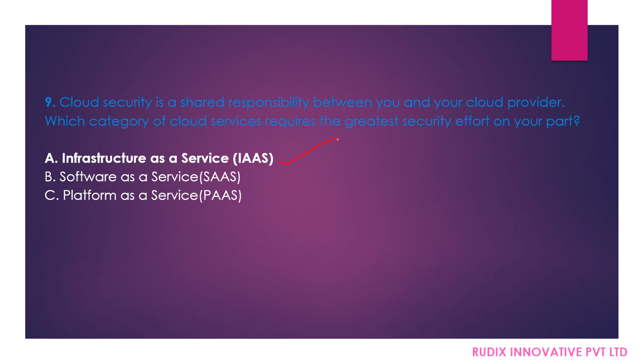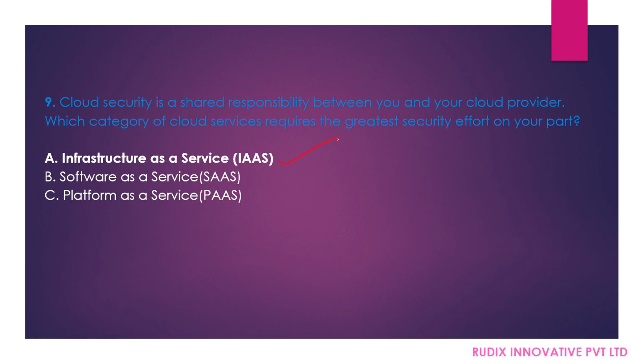Why are platform as a service and software as a service not correct? With platform services, the cloud provider takes more responsibility for managing the underlying infrastructure, and certain assets of the platform such as runtime, middleware, and deployment tools. Software as a service: the cloud provider typically bears the primary responsibility for securing the entire application and underlying infrastructure.